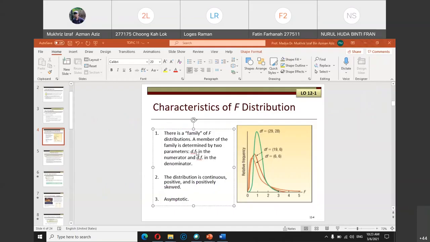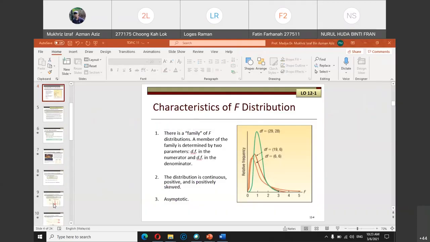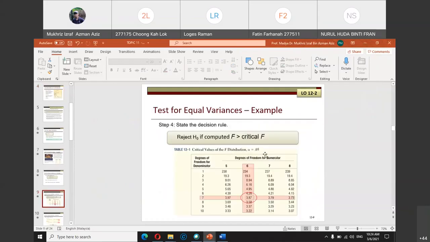Meaning if you look at the table in your ANOVA, let me just skip to this slide first. You can check in your ebook. Later on I will show the part from your ebook. You can see in an F distribution table, the top row and also the first column show you the degrees of freedom for the denominator and for the numerator.